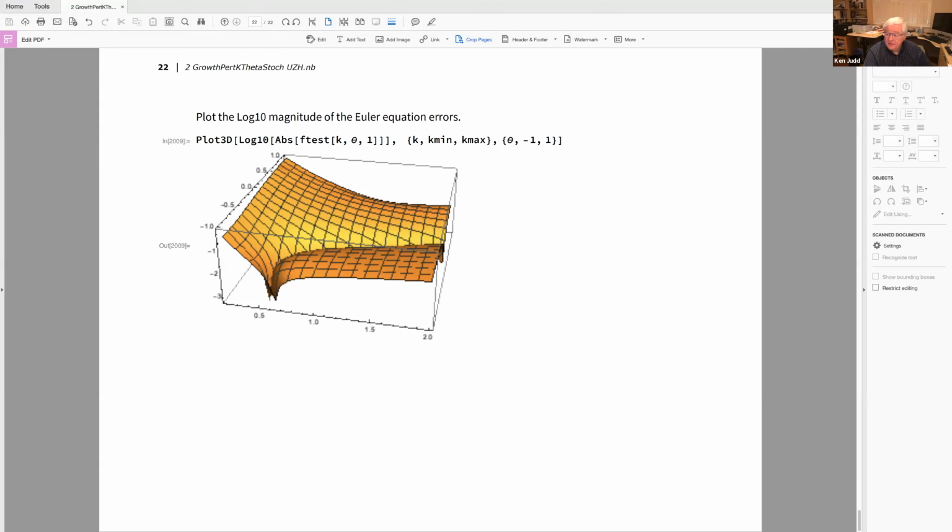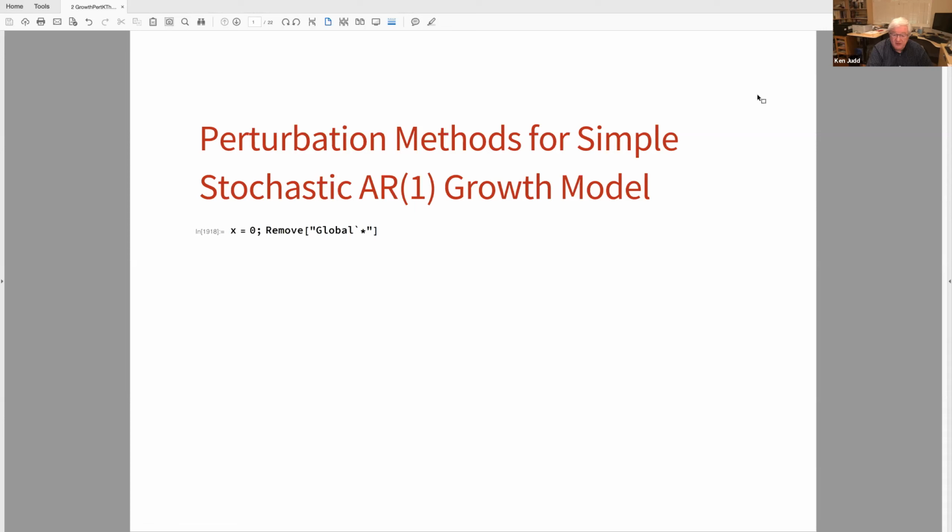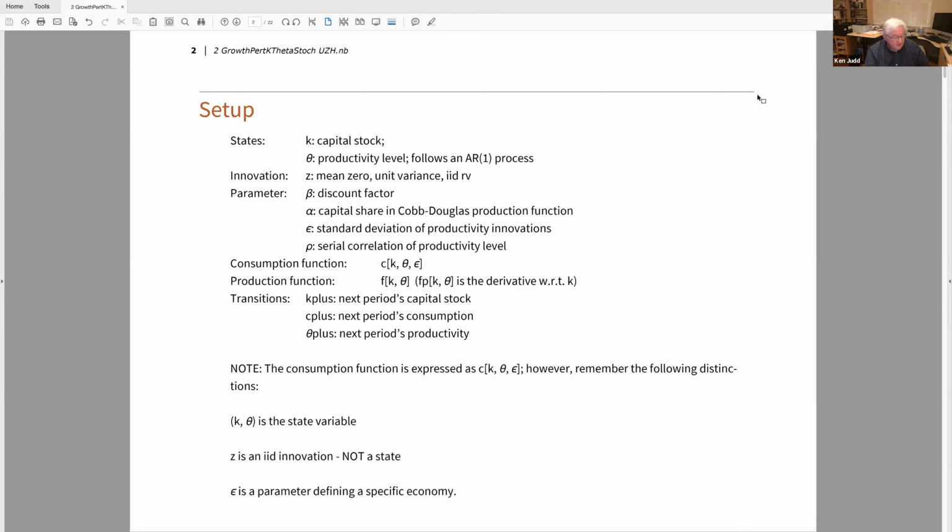So now what we're going to do is perturbation for a simple stochastic AR1 growth model. This is the bread and butter kind of model in macro. So we have a capital stock again. Now we have a productivity level theta, which is going to follow a first order autoregressive process.